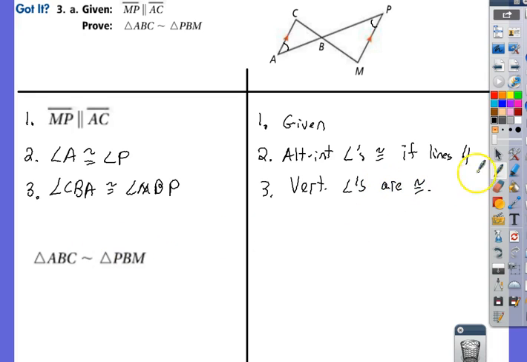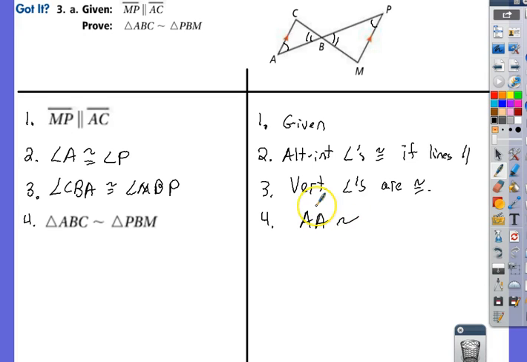All right, and then once you know that you have two angles, you can say your proof statement. So see, that wasn't hard, because once you know those angles, you have it proved by angle-angle similarity. Everybody okay with that? Couldn't you say C is also congruent to M, and that would give you two angles.